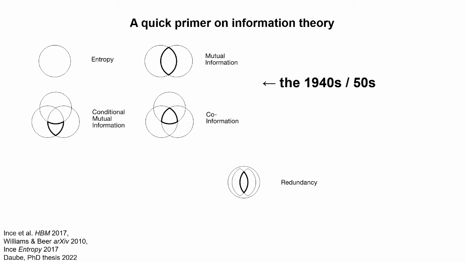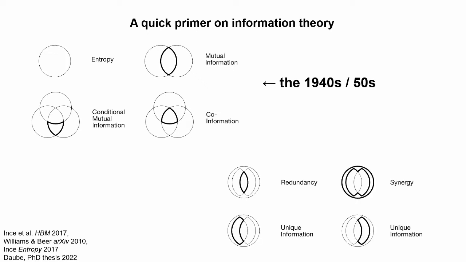Once you do this, you might also be interested in other so-called atoms of partial information decomposition, which are the unique information of one and the other model, and synergistic information that you will only get from jointly considering the two models together, or two feature spaces together. As I said, this is surprisingly recent.